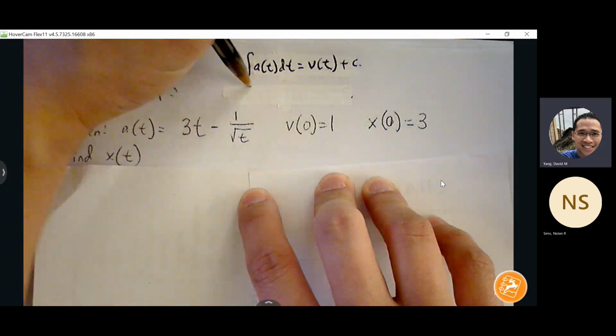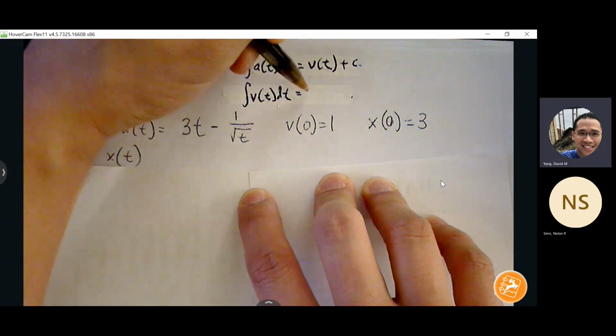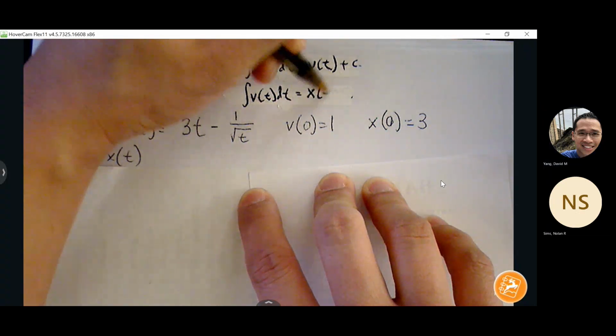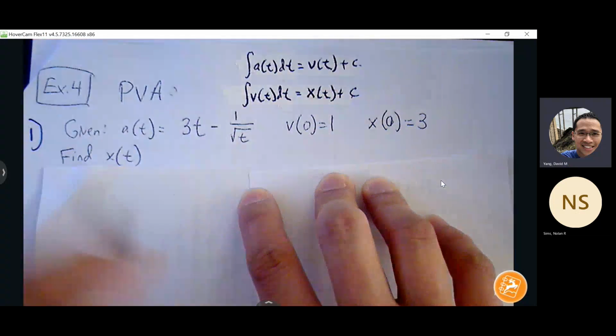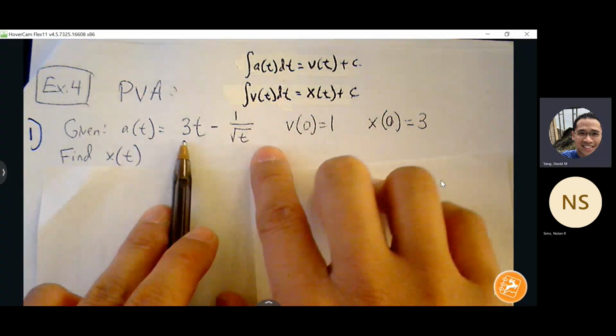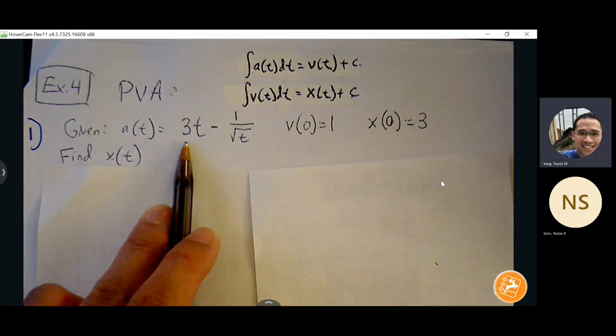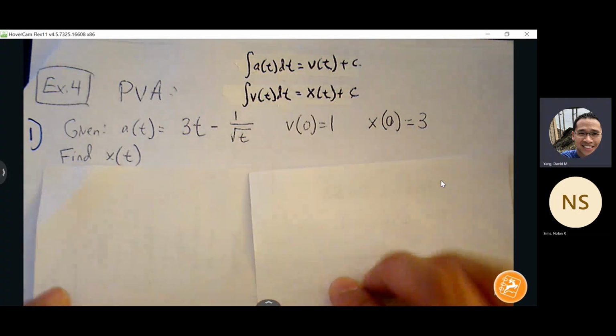And if I take the antiderivative of velocity, that will turn into position plus c. Okay, so we're starting at the acceleration level. I can take the antiderivative of acceleration. That will, step by step, lead me up to velocity. Okay.